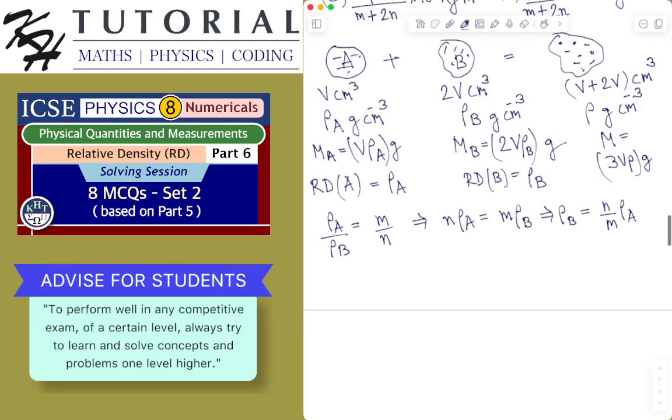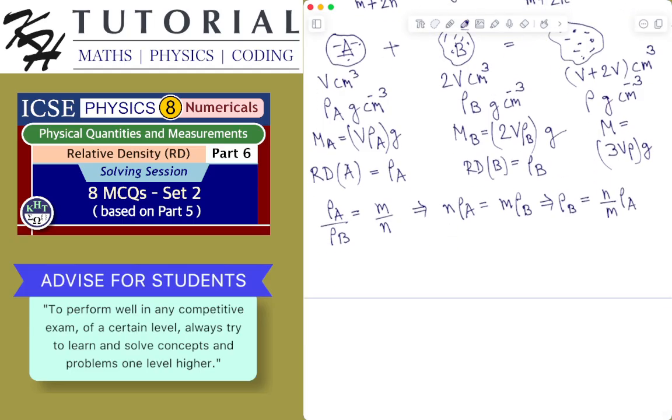Now let's apply the concept that the mass of liquid A plus the mass of liquid B will be equal to the mass of the resulting mixture. So we have Ma plus Mb should be equal to M. Ma is V into rho A gram, plus Mb is twice V into rho B gram.